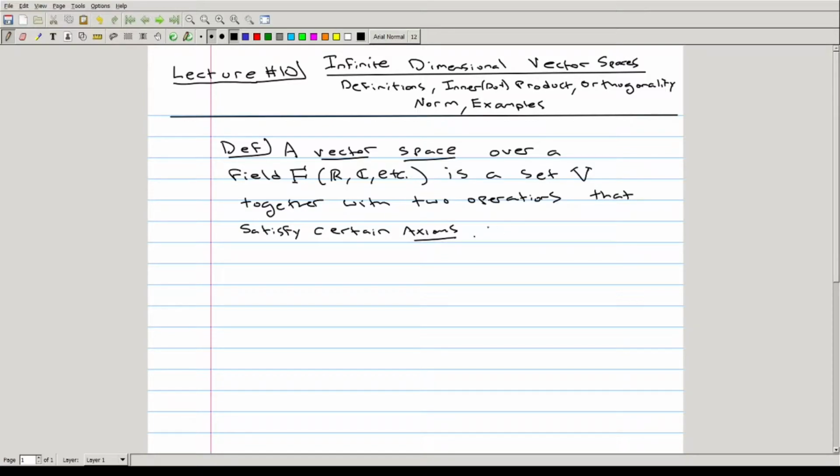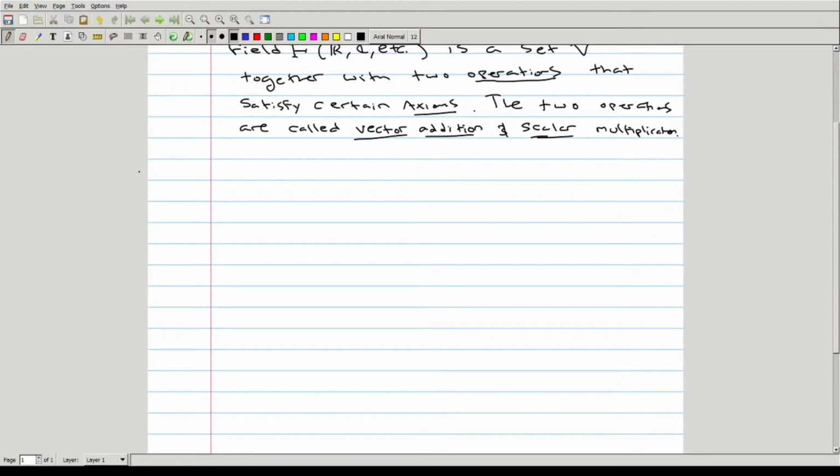The two operations are called vector addition and scalar multiplication. And the axioms are the following.